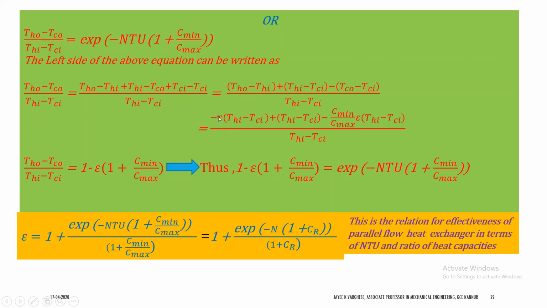So this will be epsilon with a negative sign, because this is negative. So if you want to have THO minus THI, it should be negative. So minus epsilon into THI minus TCI.